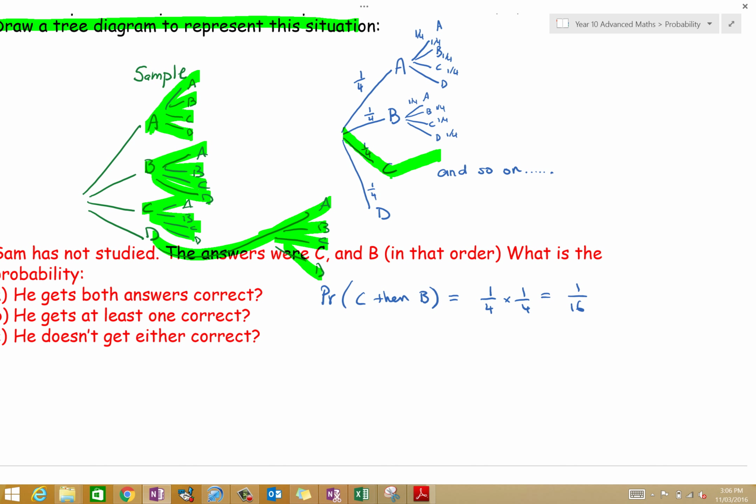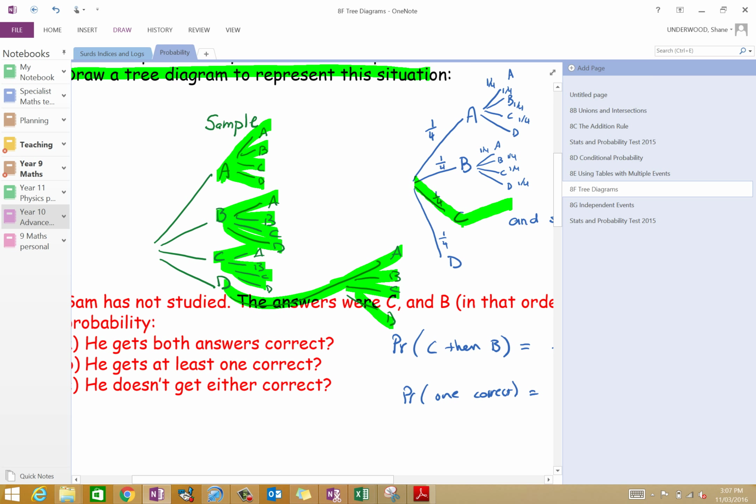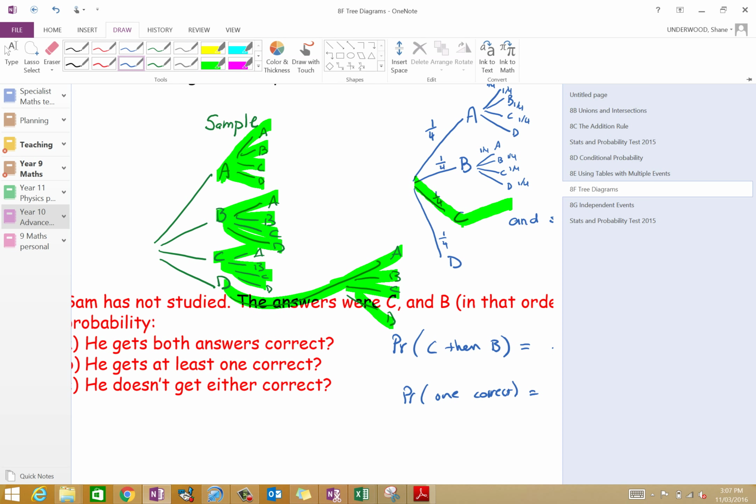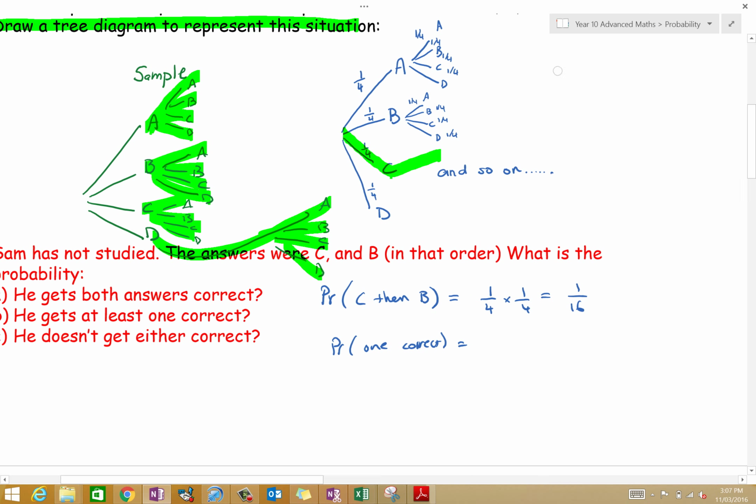What about why a tree diagram is beneficial is when we get things such as he gets at least one correct. You can see there that we've got the sample space. So the probability of one correct, we can go ahead and shade that on our tree diagram if you like. So I'll get my little highlighter out. It was C and then B. So let's do the ones that are correct in yellow.